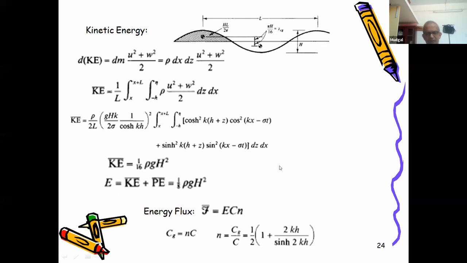Then you also have energy flux. So what is flux? Flux is nothing but flow of energy per unit area per unit time.